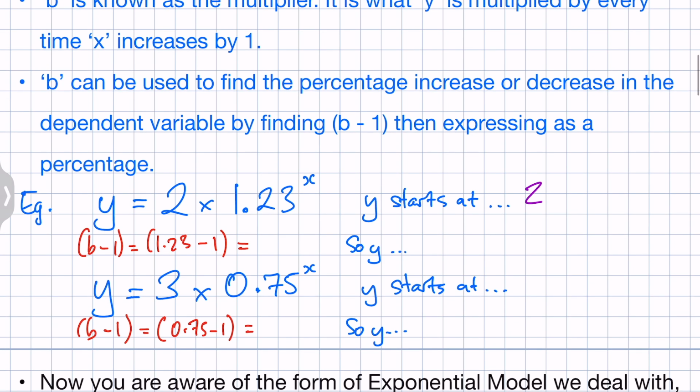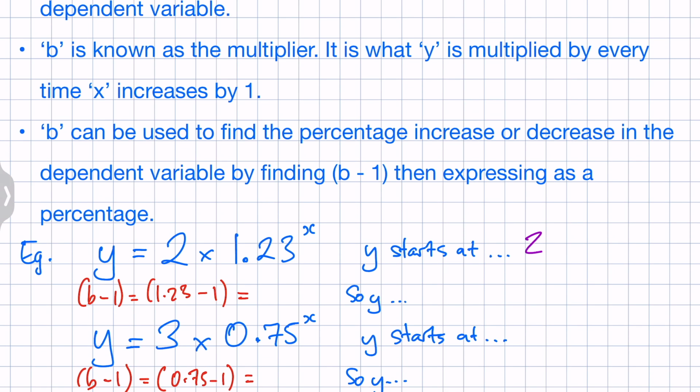And then I told you that if I do b take 1 and express it as a percentage, we can work out what y increases or decreases by. So here you can see b is 1.23. 1.23 take 1, what's the answer to that going to be? 0.23. So how do we interpret that? y will increase by 23% for every x.